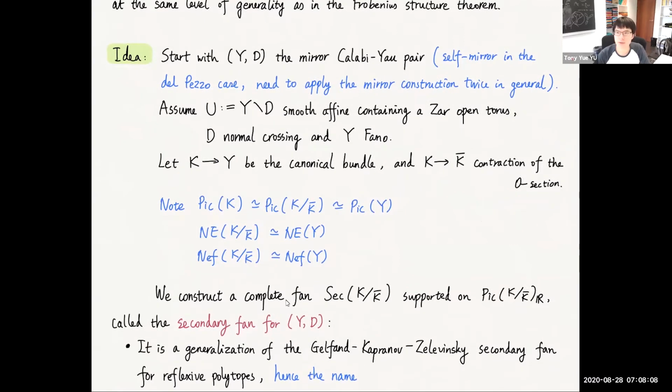This fan that we will construct is a generalization of the Gelfand-Kapranov-Zelevinsky secondary fan for reflexive polytopes. So in the case when (Y, D) is toric, the fan I'll explain is isomorphic to the GKZ secondary fan for the associated polytope, and hence we call it the secondary fan.